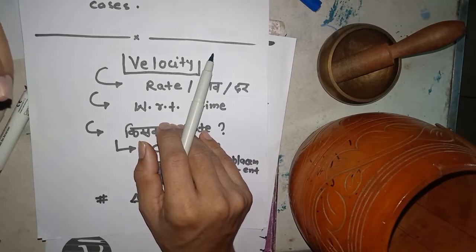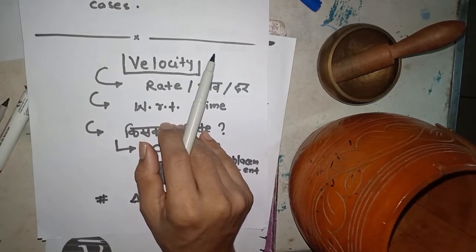The unit of mass is kg, kilogram. So 5 rupees per kg means the rate is taken with respect to mass. It is not a very big concept. It is simple.